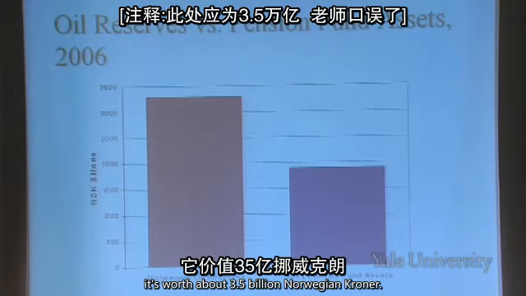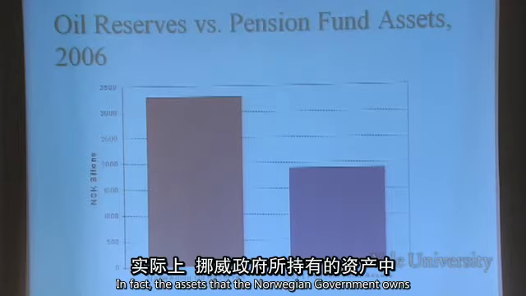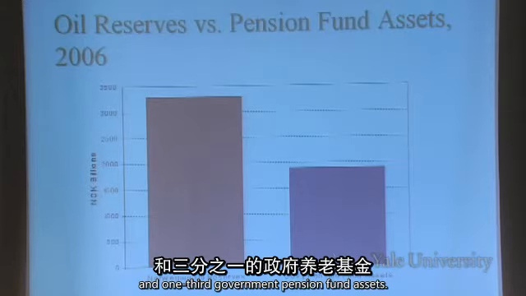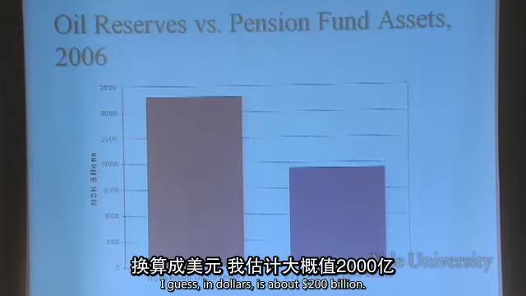It's worth about 3.5 billion Norwegian kroner. You see the difference. In fact, the assets that the Norwegian government owns are about 2/3 oil and 1/3 government pension fund assets. This government pension fund, I guess in dollars, is about 200 billion.